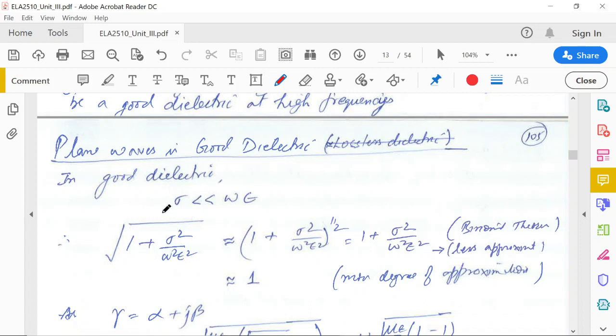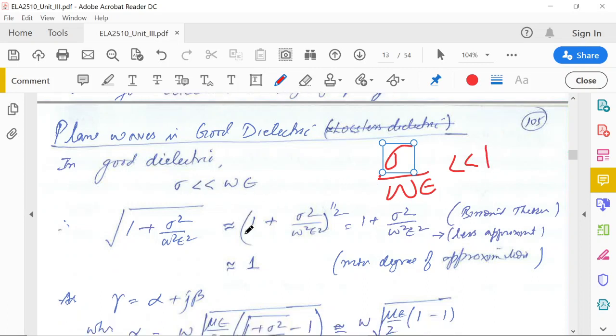That is, if sigma is much less than omega epsilon. So for a dielectric, sigma over omega epsilon will be less than 1. This is the condition here. So what will happen to the attenuation factor and the phase constant?